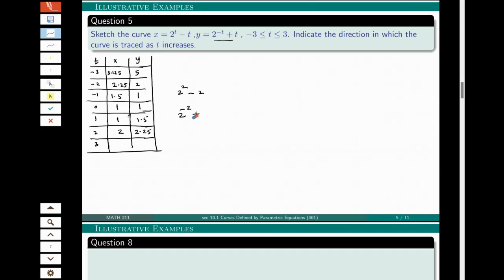And last, if I substitute 3, it will be 2 raised to the power 3 minus 3, so that will be 8 minus 3, which is 5, and 2 raised to the power minus 3 plus 3, so it will be 3.125. These are the points. Now we go to the xy plane.